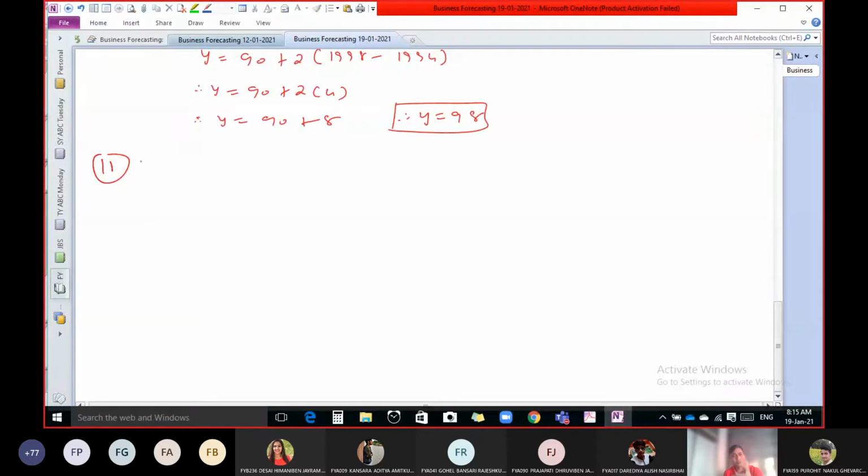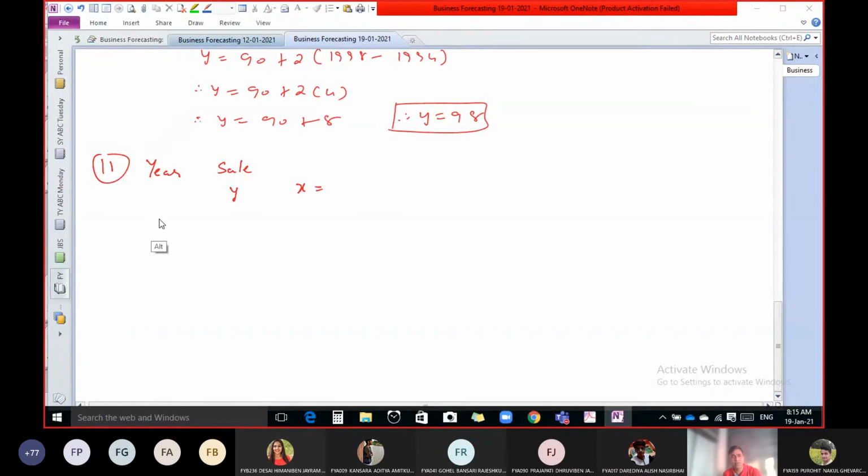Once again you have to write the first paragraph, so no need to repeat that. Let us start to prepare the table directly. You can consider this is x and this one is y, but better to convert this year in such a way that we get the total of x 0. So what information we have here?